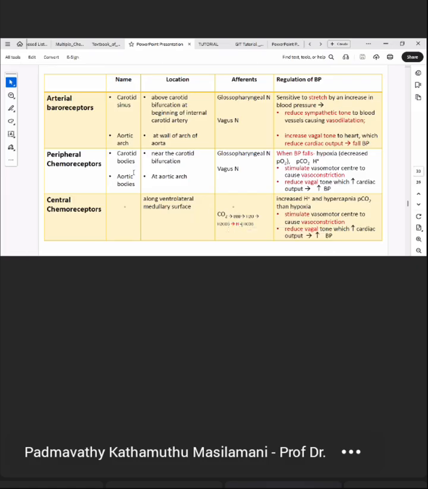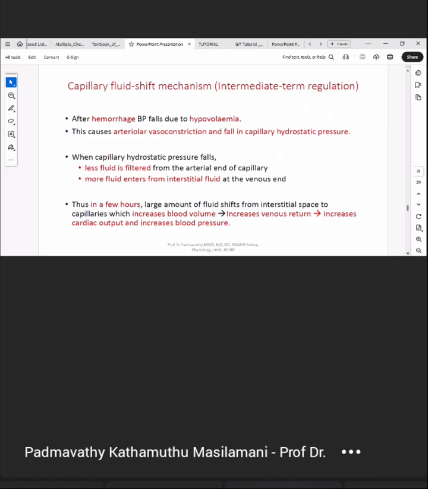But hypoxia is the main stimulus for peripheral chemoreceptors. Ultimately, whichever chemoreceptor is stimulated, it increases the sympathetic activity, so that it increases vasoconstriction and the contractility of the heart, and thereby increases the blood pressure. This is the basis of the short-term regulation by baroreceptors and chemoreceptors.